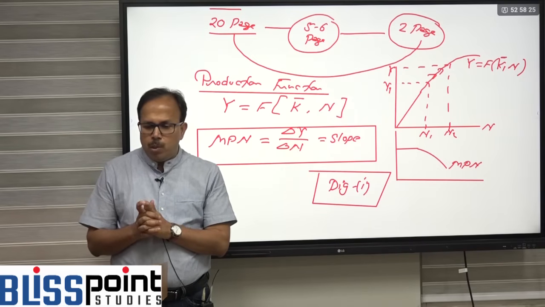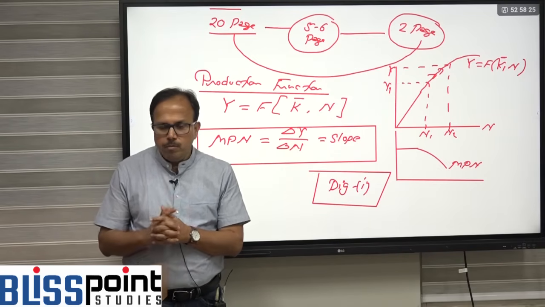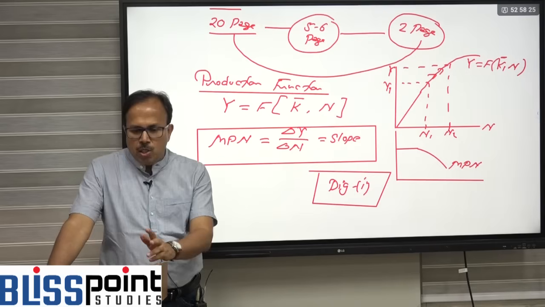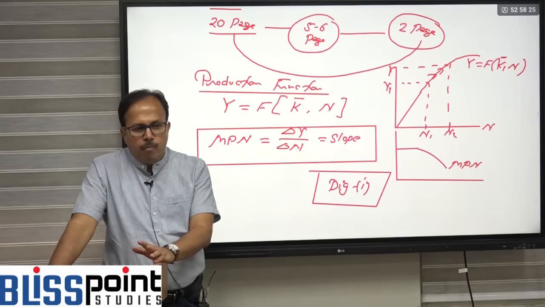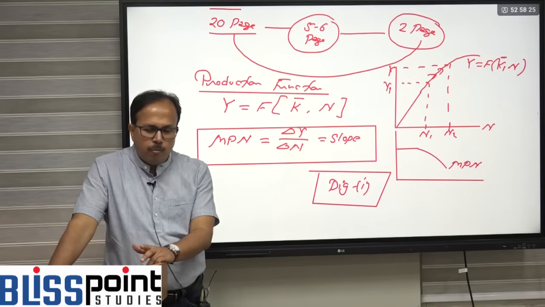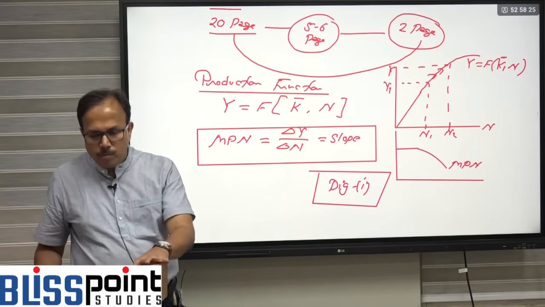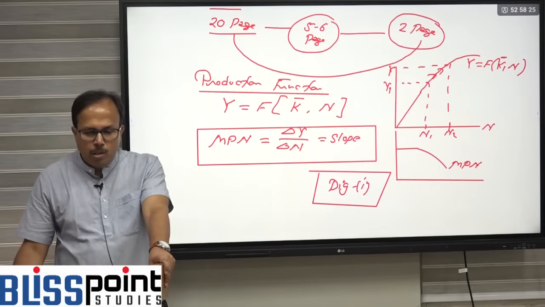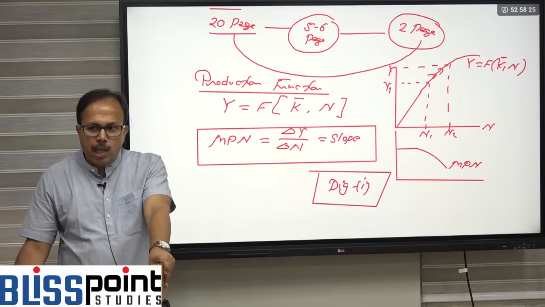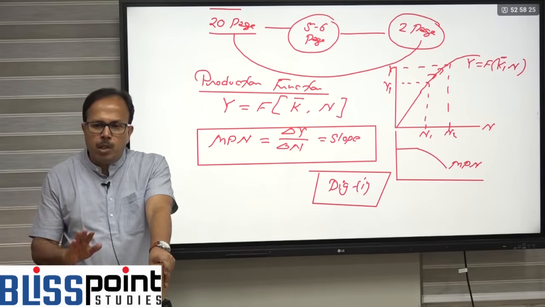Full stop. The short run production function is a technical relationship that determines the level of output given the labor input.